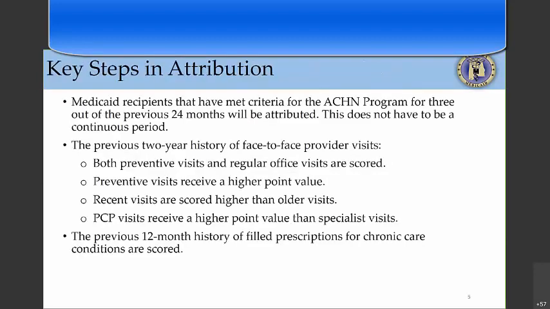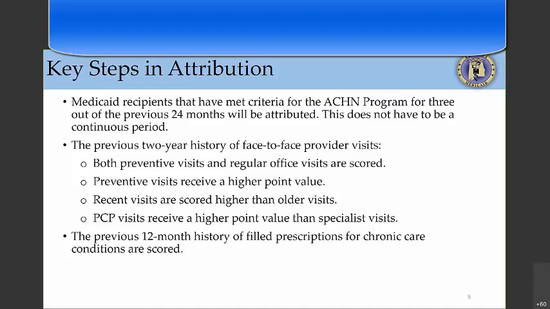Key steps in attribution. Medicaid recipients that have met criteria for the ACHN program for 3 out of the previous 24 months will be attributed. This does not have to be a continuous period. The previous 2-year period history of face-to-face provider visits, both preventive visits and regular office visits, are scored.